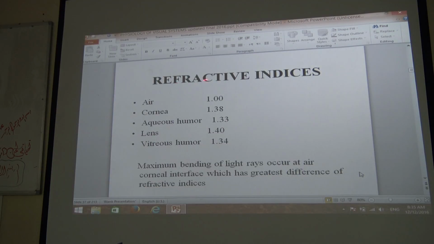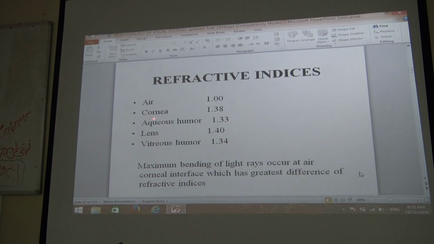These are important slides for the refractive indexes of the optical system. We have 4 interfaces: between air and cornea, between cornea and aqueous, between aqueous and lens, and between lens and vitreous.